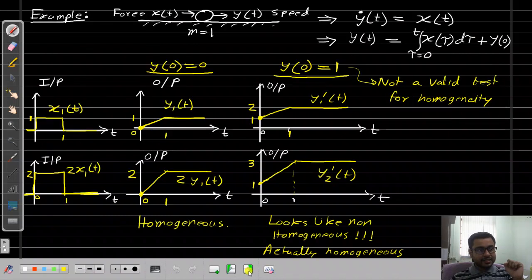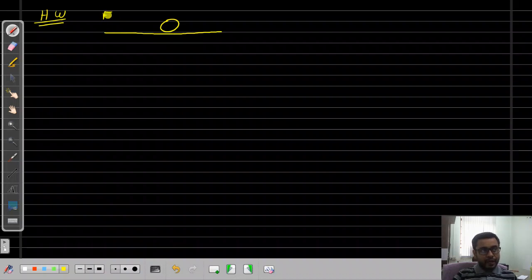Now let us give you a homework. Take this same object on the ground, apply the force as your input, and consider the position of the object as the output.